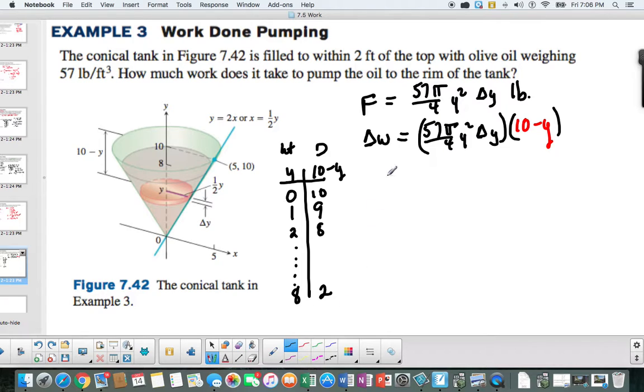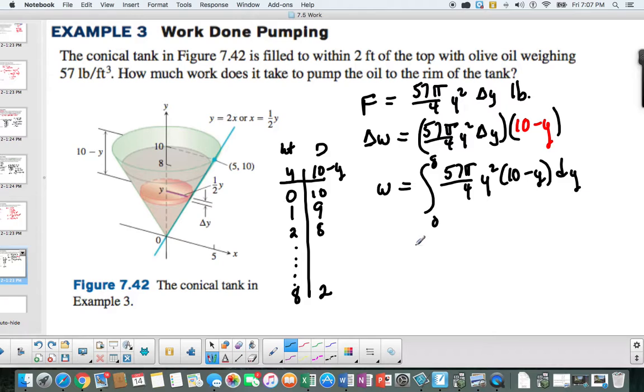So I can now sum them all up. Work will be equal to the integral, and my y's go from 0 to 8, and this is going to be 57 pi over 4 y squared times (10 minus y) delta y.